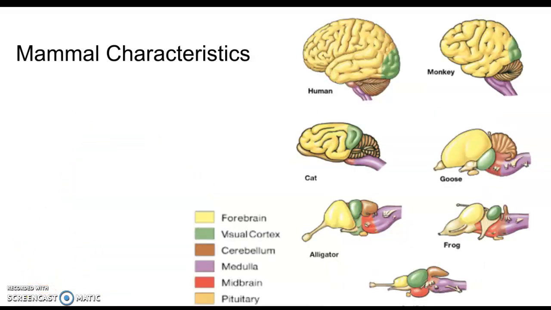Another characteristic that mammals have is that they have the largest and most developed brain, and it's very complex. So notice here that mammals have a very large forebrain. The forebrain, and monkeys too, see?